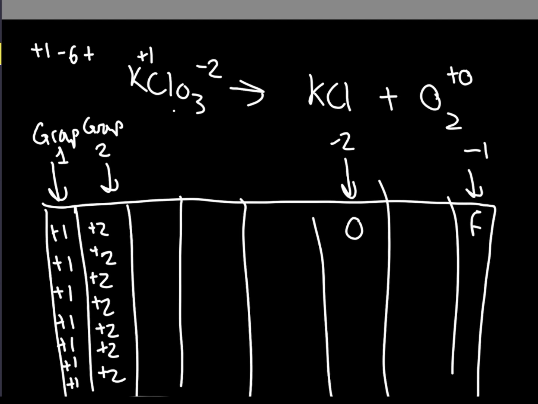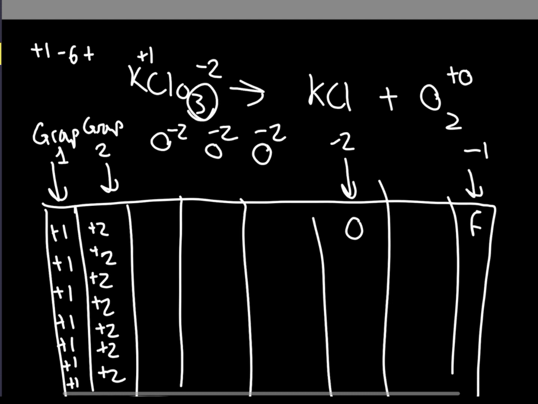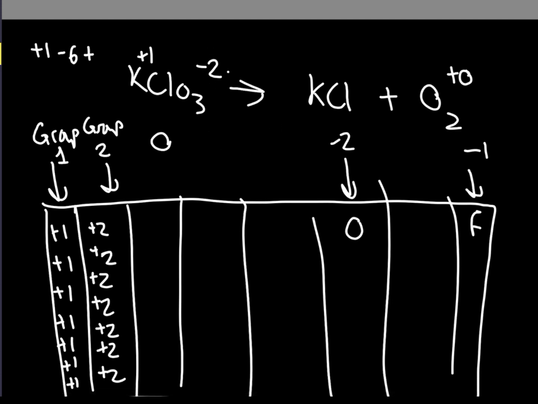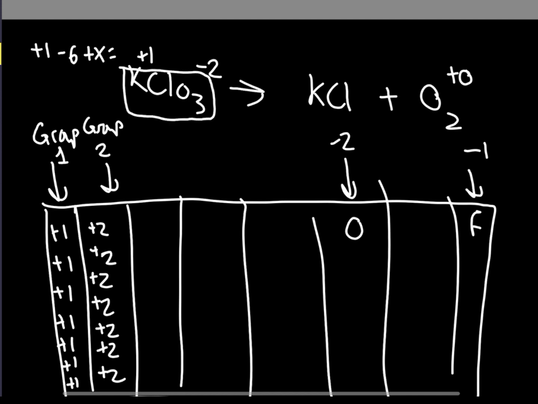Just to repeat the steps again. Potassium has a +1 charge. Oxygen has a -2 charge, but because there are 3 oxygens, 3 times -2 is -6. We don't know the oxidation state of chlorine, so let's call that X. Since this molecule overall is neutral, it has to add up to 0.